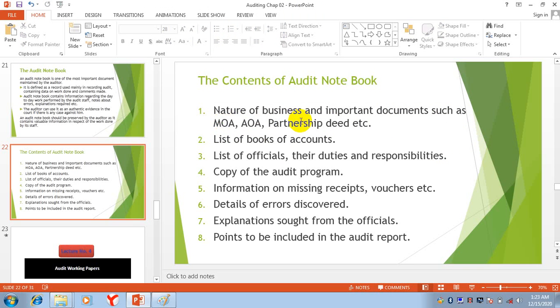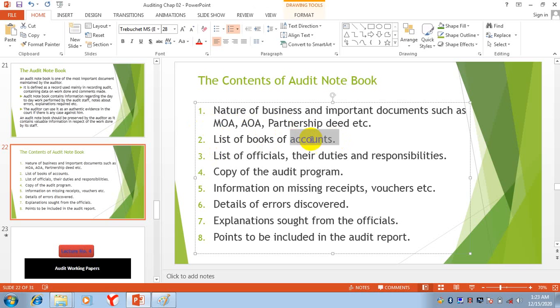You people studied it in ITB. List of books of accounts: the auditor keeps a complete list of the books of accounts in this notebook. List of officials: who the officials are, what their duties and responsibilities are, and important information.